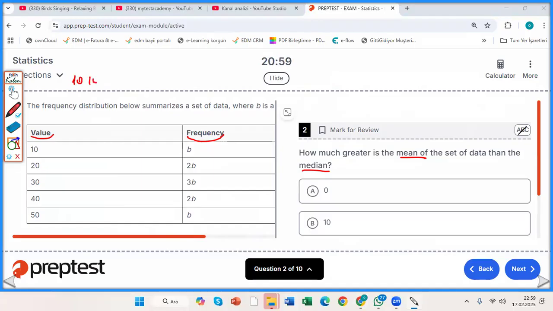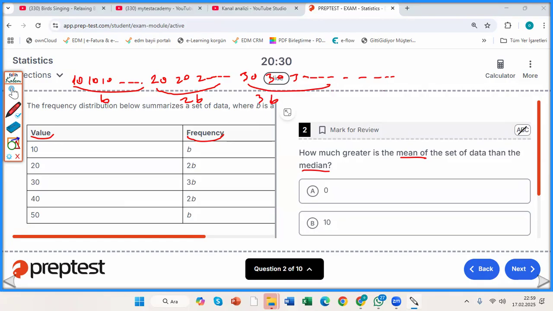So 10, 10, 10, and so on, b times 10. Then 20, 20, 20, 20, 20, 20, 2b times 20. And 3b times 30, 30, 30, 30, 30, 30, and so on.